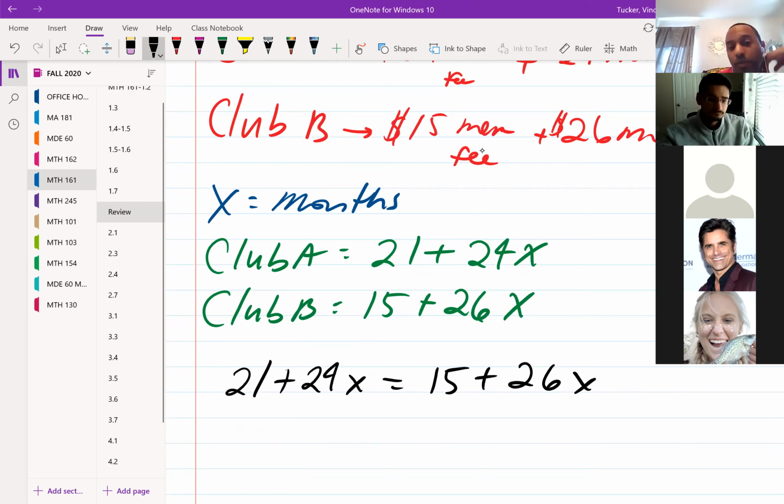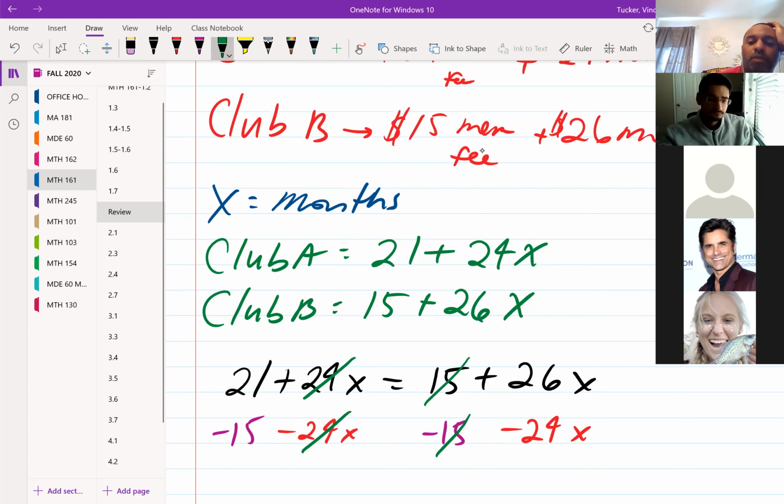All right, so we have 21 plus 24X equal to 15 plus 26X. We'll get all of our terms with X on one side, all of our terms without X to the other. Matter of fact, I'll do that in purple. So these cancel and these cancel for us.